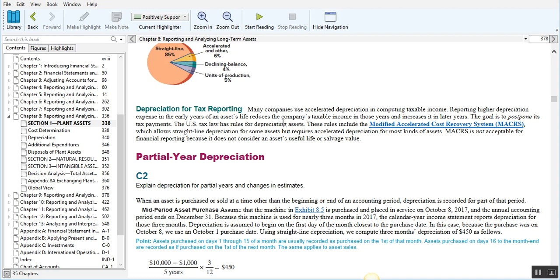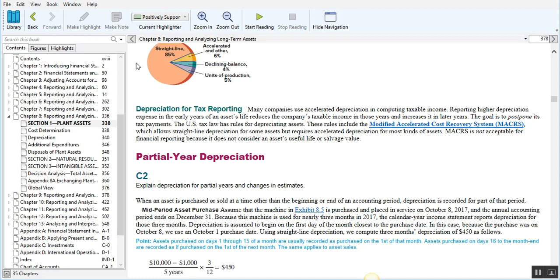Based on the asset class and the number of the asset class, you will be assigned a number of years and a percentage that you can apply to that asset to calculate that expense. Now, this is not allowable for accounting purposes, but it is a requirement for tax purposes.